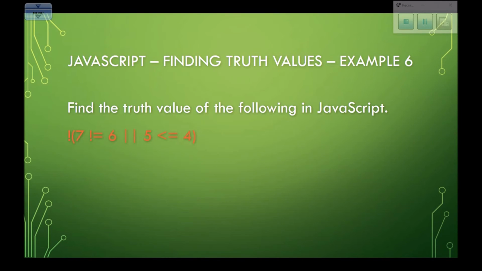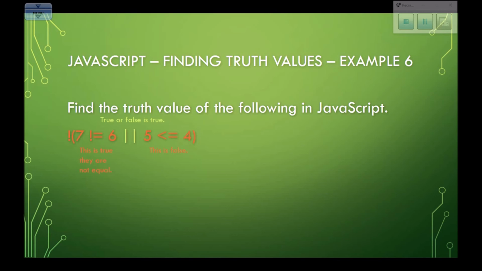Okay, let's look at this guy. So first in here, I've got 7 is not equal to 6. That's true. Okay, then let's go over here. 5 is less than or equal to 4. No. I've got it. 5 is bigger than 4, so that's false.